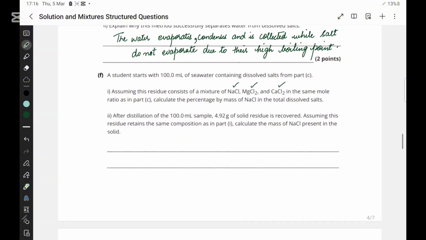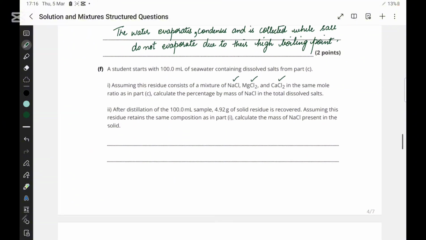So we are given the moles of NaCl, which is 0.550 mole, and by multiplying mole with molar mass, and Mr of NaCl is going to be 58.44 gram per mole.